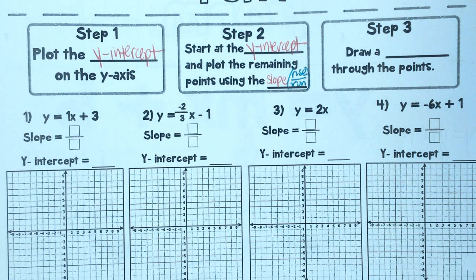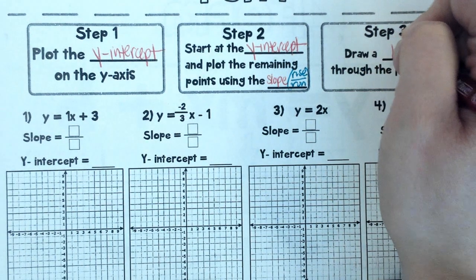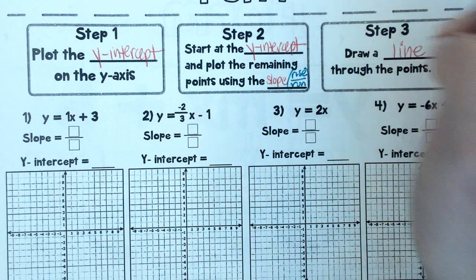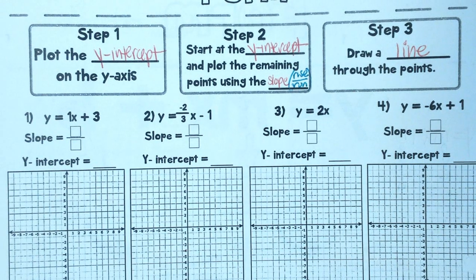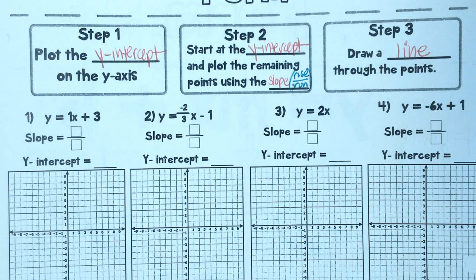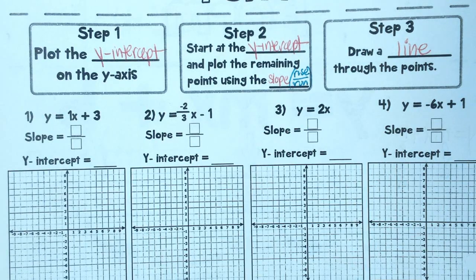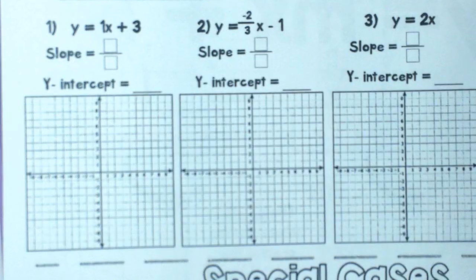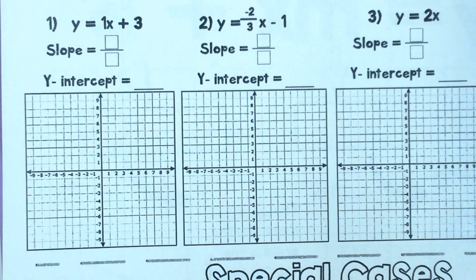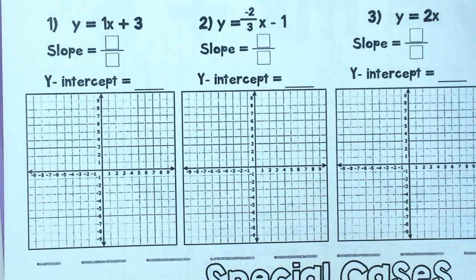So we're going to begin at our y-intercept. From there, we're going to move using our rise over run. And then the last part is to draw a line using your straight edge through the points. I'm going to walk you through this, but you're going to really want to make sure that you are paying attention up on the board of how I'm doing this so that you know you're doing it correctly as well on your paper.